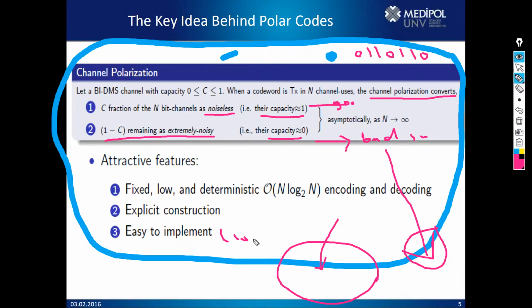So I tell you, yes, that's true. There are codes that were successfully able to achieve the Shannon capacity, where their performance was very close to the Shannon limit.